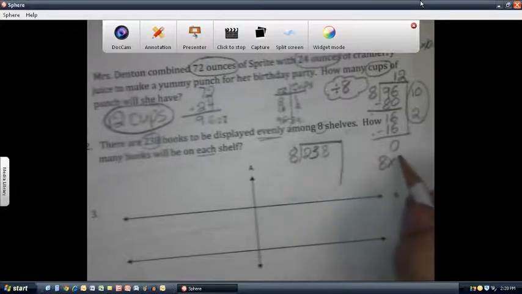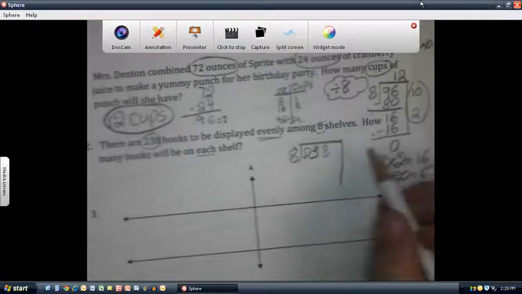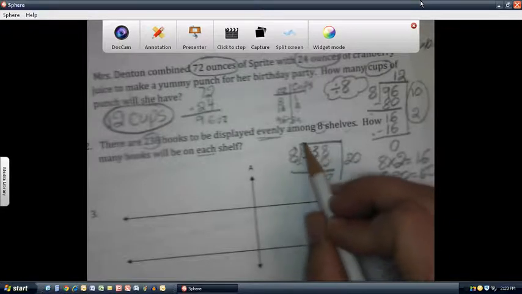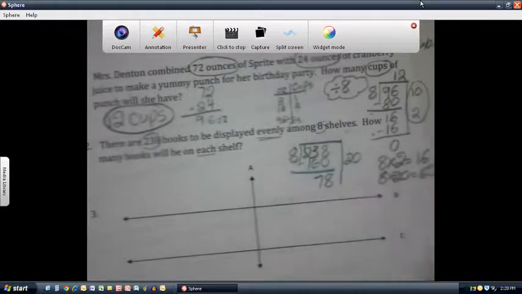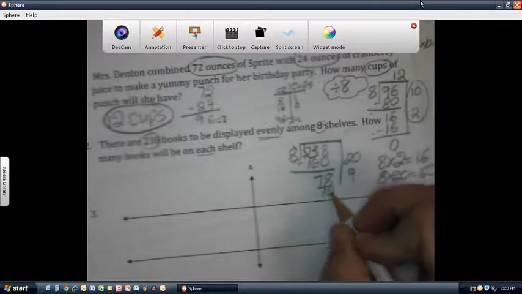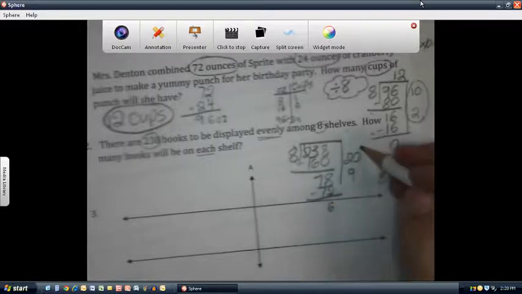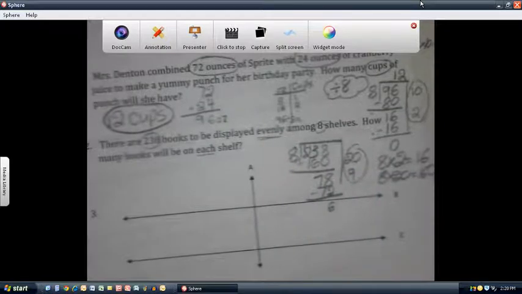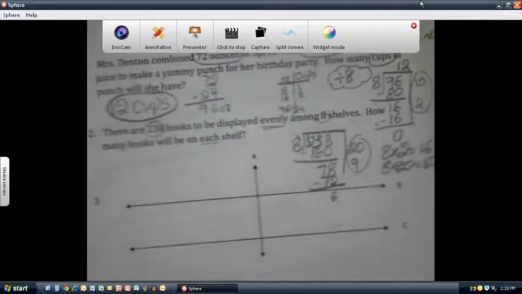So 8 times 2 is 16, so 8 times 20 is 160. So if I put 20 in each group, that leaves me with 78. I know that 8 times 10 is 80. That's a little too high, so 8 times 9 would be 72. So I have 29 books on each shelf, and I have 6 left over. So I would have about 29 books on each shelf.